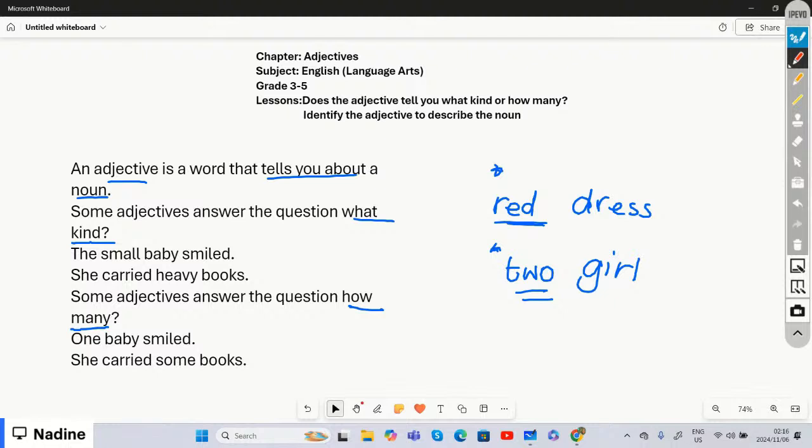You need to ask yourself questions like what kind of baby, how many babies, and so on. They're not telling us how many of anything, so we're just going to say the small baby. That sentence could have just said the baby smiled. But now we're saying the small baby smiled, which means that we are describing.